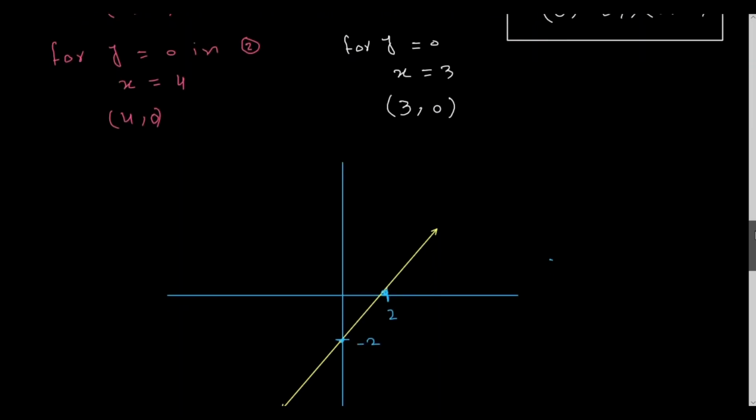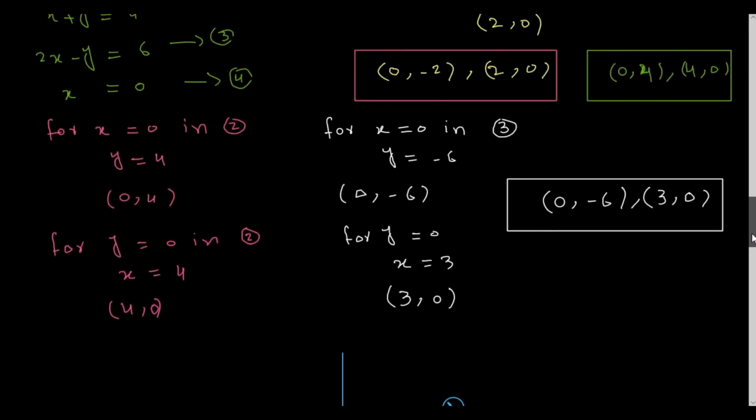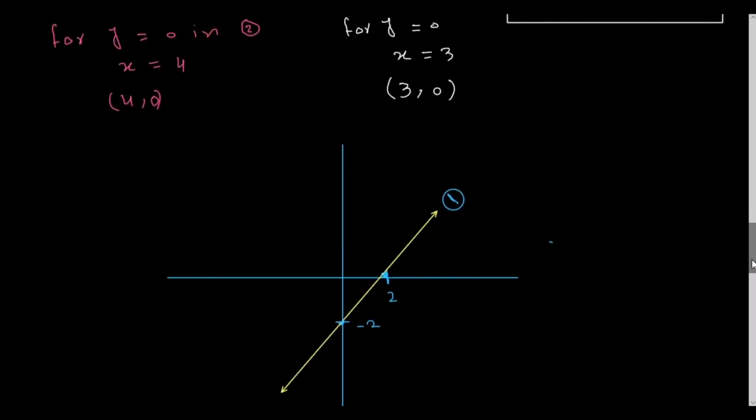Let me take this as line 1. The points of line 2 are 0, 4 and 4, 0. If 2 is over here, then 4 will be over here. Now we draw the line from these points.